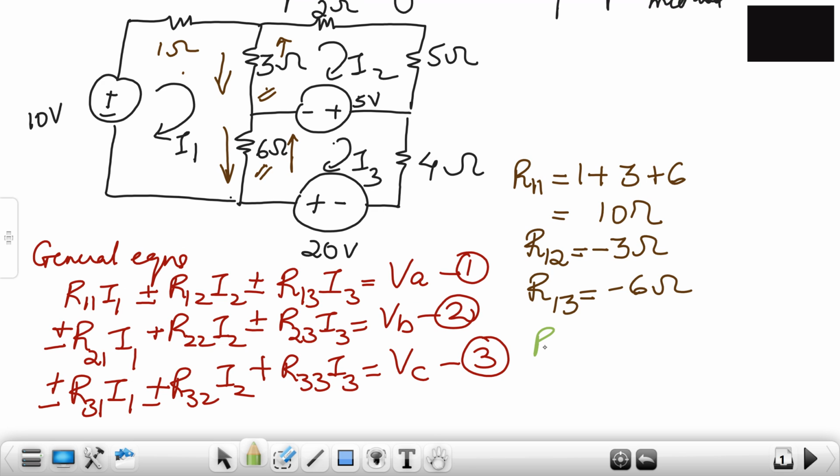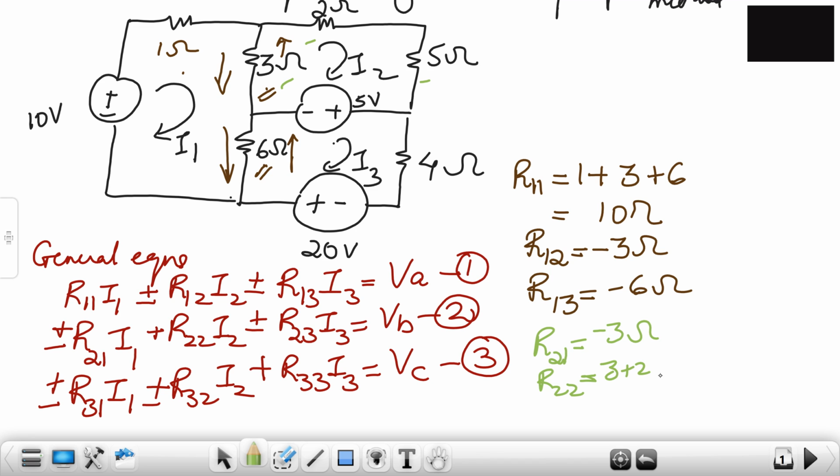Next, what is the resistance R21? R21 is the resistance which is common between loop 2 and loop 1, that is minus 3 ohms. R22 is all the resistances in loop 2, that is 3, 2, 5.